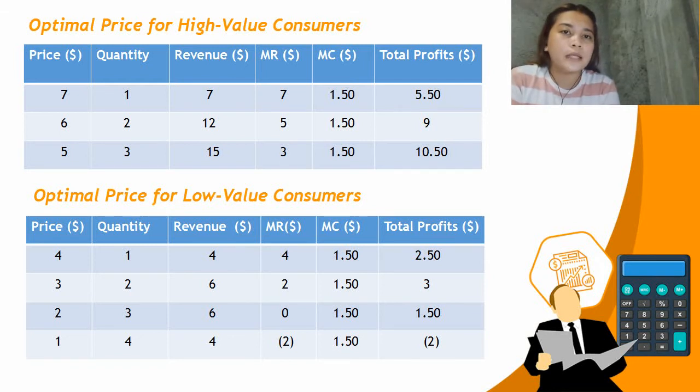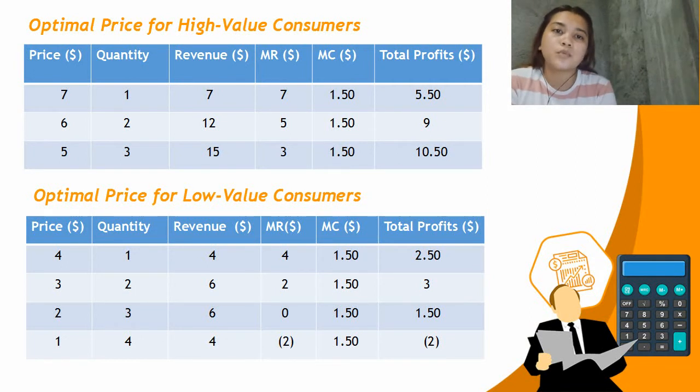If the price is 2, you can have 3 units, and the revenue is 6, and the marginal revenue is 0, and the marginal cost is still 1.5, and the total profit is 1.5, which is from 1.5 times the quantity, 4.5, minus the revenue of 6, equals 1.5.